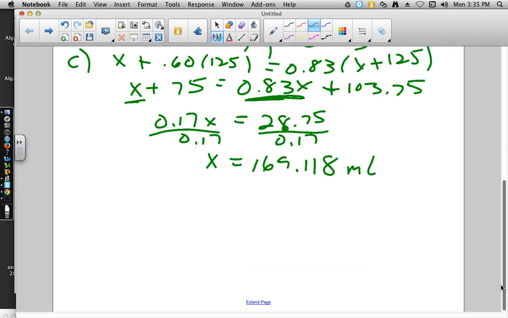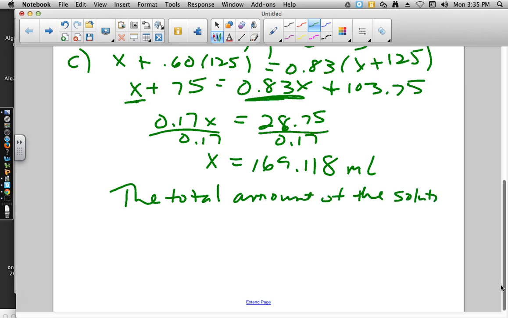Now, we're going to explain the answer. The total amount of the solution is X plus 125 milliliters.